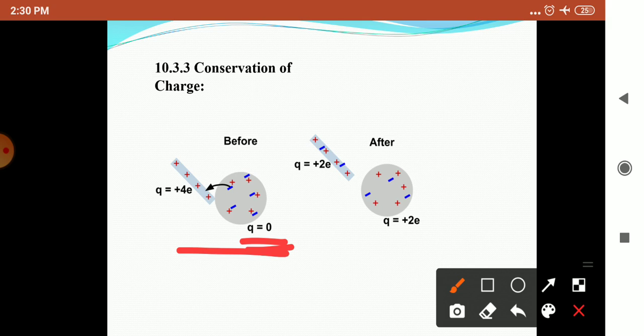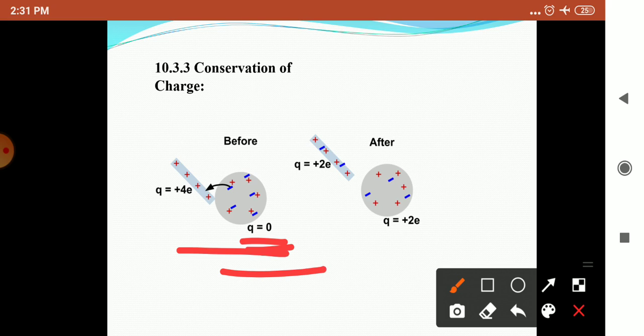The result and conclusion of this experiment can be generalized, and we can say that in any given physical process, charge may get transferred from one part of the system to another, but the total charge in the system remains constant. Or we can say that for an isolated system, total charge can be neither created nor destroyed.